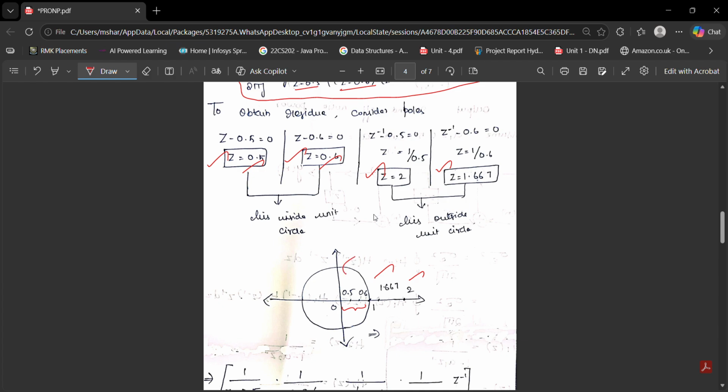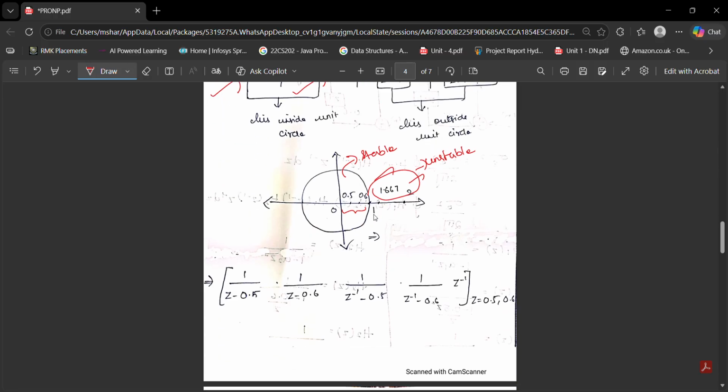The z values present inside the unit circle are considered stable, and they will contribute to the system. These two are considered unstable, and they will not contribute to the system. So these two will be omitted, and only these two poles, that is z is equal to 0.5 and z is equal to 0.6, will be considered.